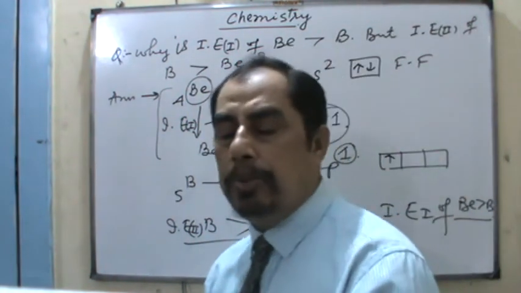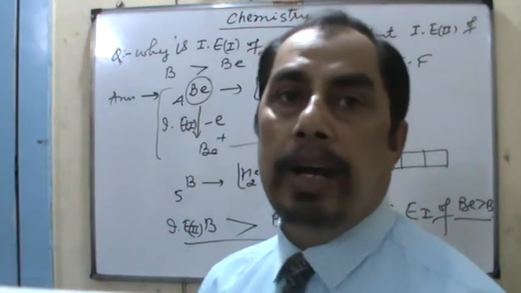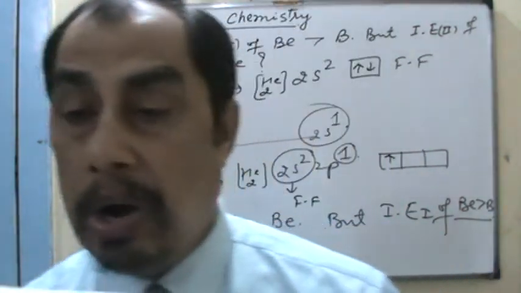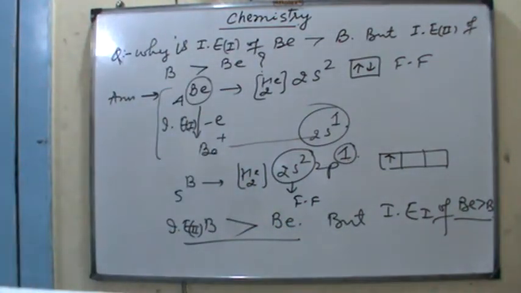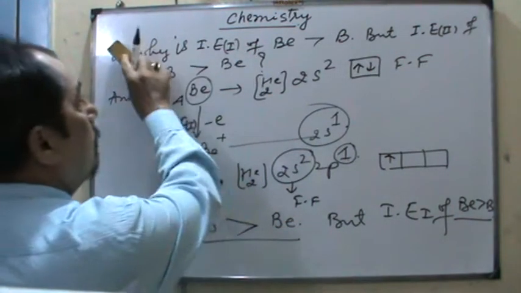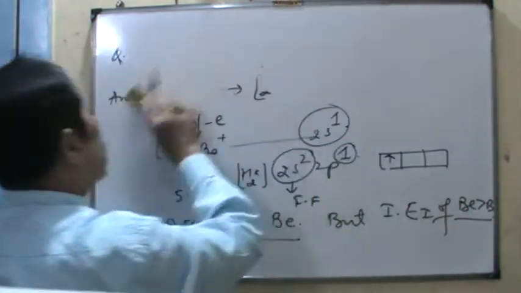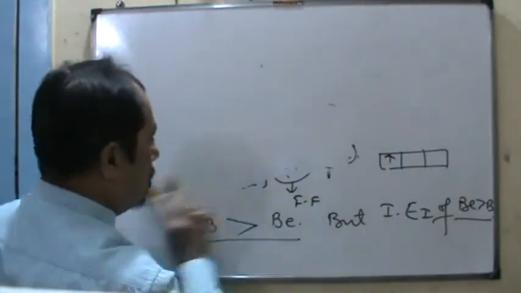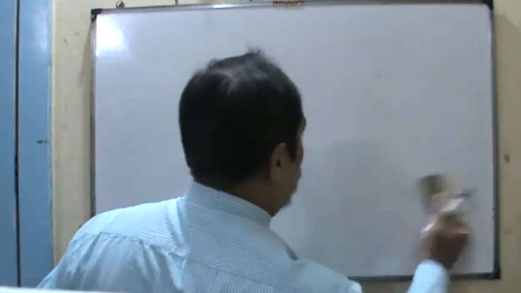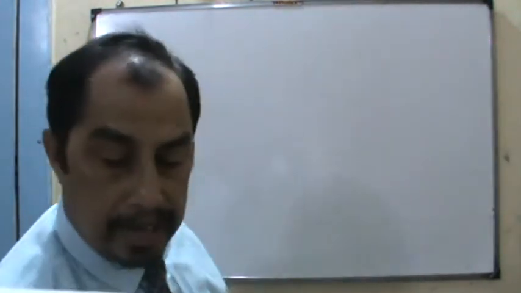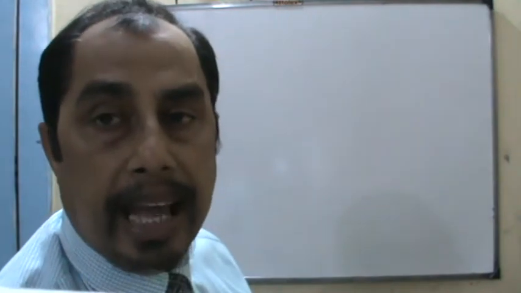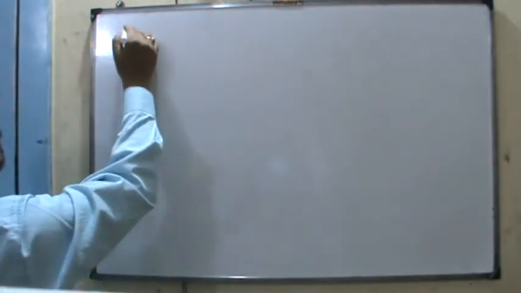Now, after that, we are going to explain electron gain enthalpy or electron affinity. So, dear students, the next parameter of periodicity in the periodic table, down the group and across the periods, is the electron gain enthalpy.